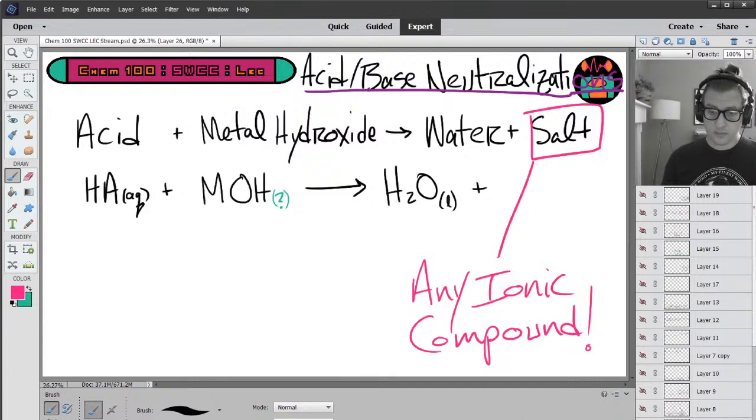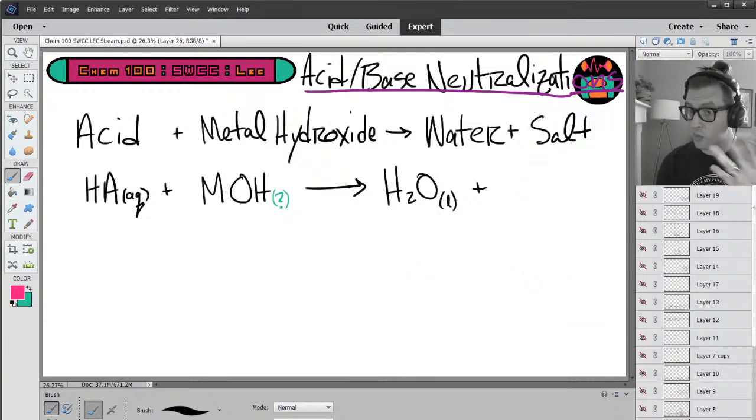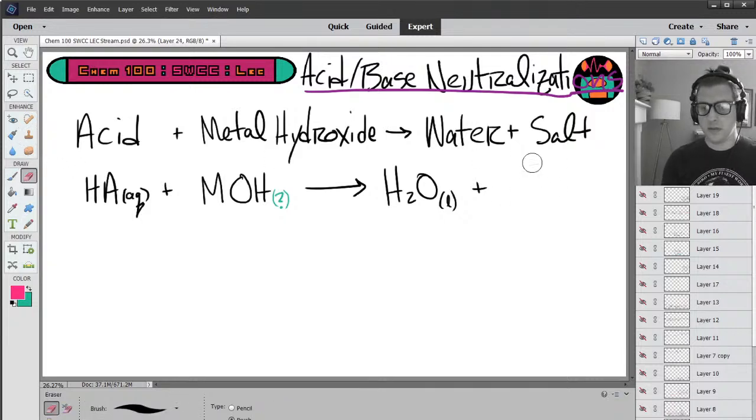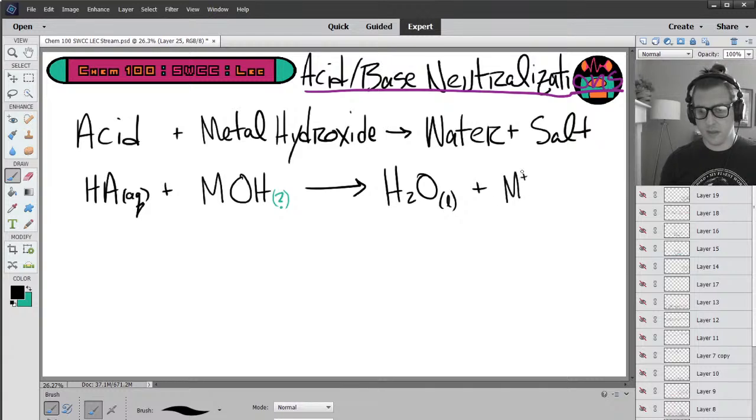All right. And specifically, if you're wondering, okay, it can be any ionic compound, what ionic compound will it be? It will be the ionic compound that forms when the metal cation combines with the conjugate base, which is an anion.